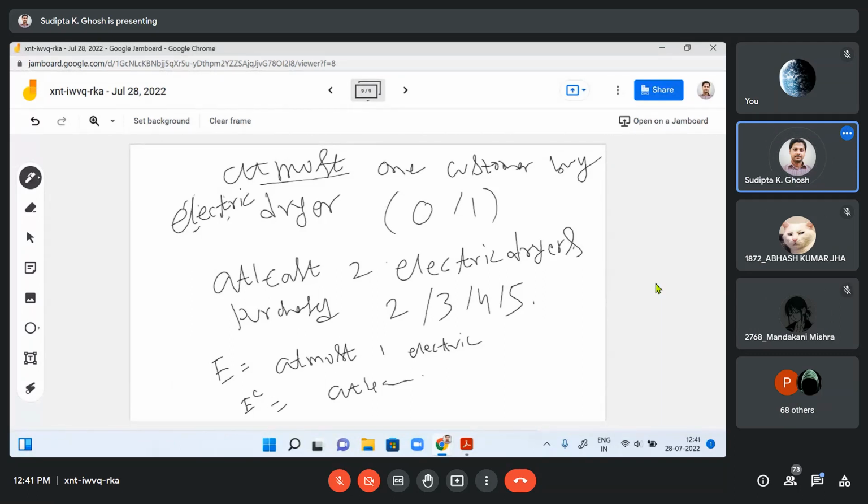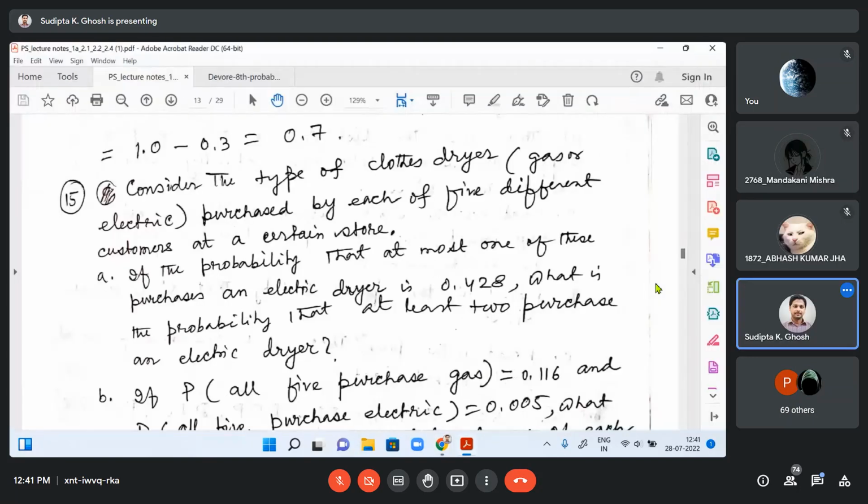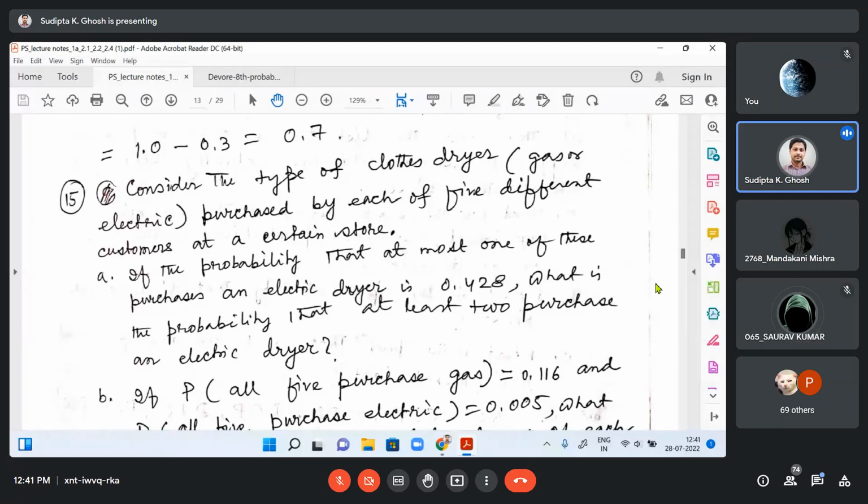So if I am interested to find the probability of E complement, what is the value? 1 minus P of E, correct? Yes, sir. But what about P of E? That means the probability that at the most one electric dryer is purchased. Is it given in your data? Yes, sir, it is 0.428.